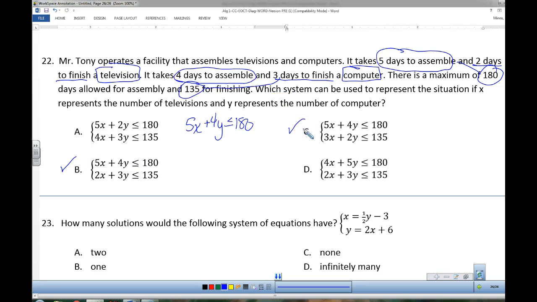And here. So one of those two. Now let's look at the finishing line. It takes 2 days, 2x to finish a television, and it takes 3 days to finish a computer, less than or equal to 135. So there we have our answer, B.